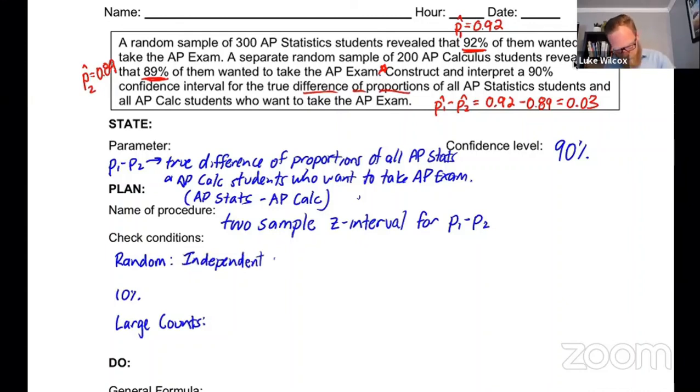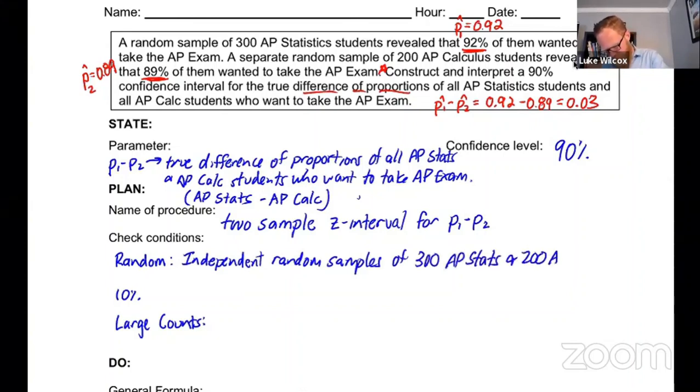We need independent random samples of 300 AP Stat students and 200 AP Calc students. So we do have two random samples. They are independent. We can say that that condition is satisfied, which means we can now generalize to both populations.